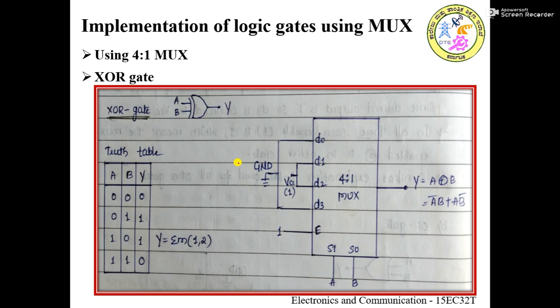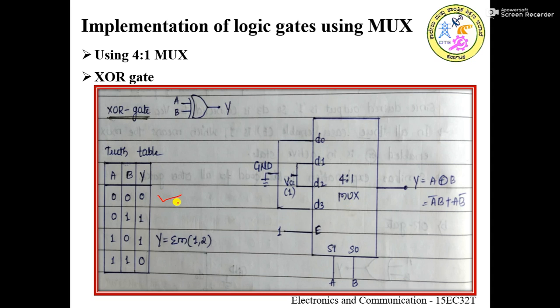Similarly, the XOR gate. XOR will be 1 whenever inputs are different, in the sense whenever input combinations are 0 1 or 1 0, the output will be 1. For other cases it is 0. Again here the inputs A and B are mapped with S1 and S0, and the outputs 0 1 1 0 are mapped with the inputs of the 4:1 mux.